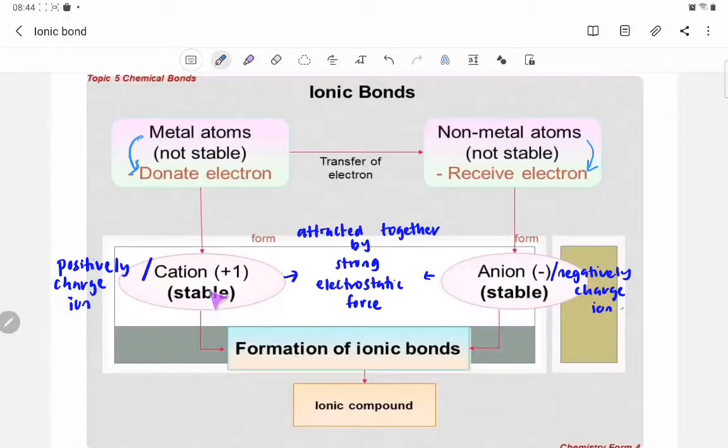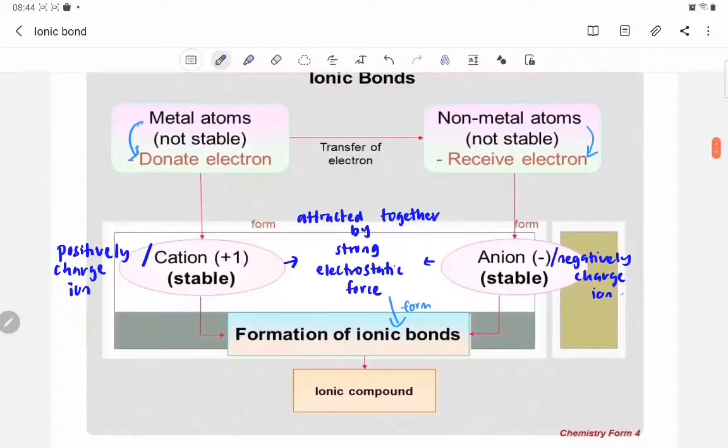The cation and the anion are attracted together by strong electrostatic force. From that, it will form ionic bond. So the compound that is formed from this bond is called ionic compound.